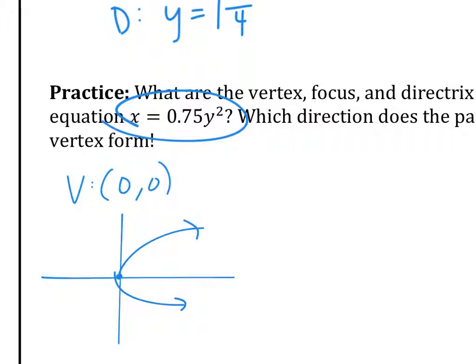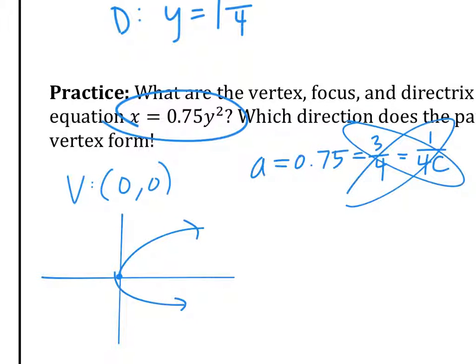Next, we've got to find focus and directrix. That means we need to find C. C has to do with A. What number is A? Right, 0.75, which is 3/4. It's better if we work in fractions, which is 1/4C. Okay, C is in the denominator. Okay, you need to cross multiply.